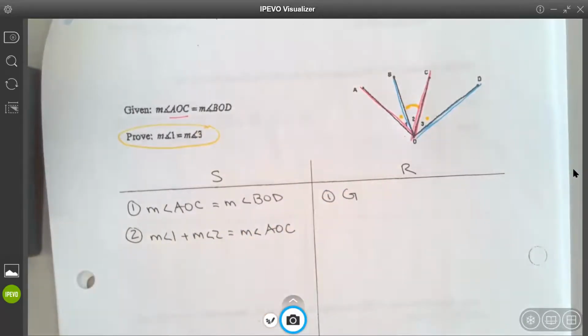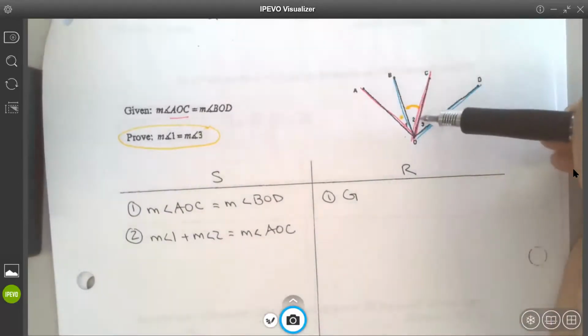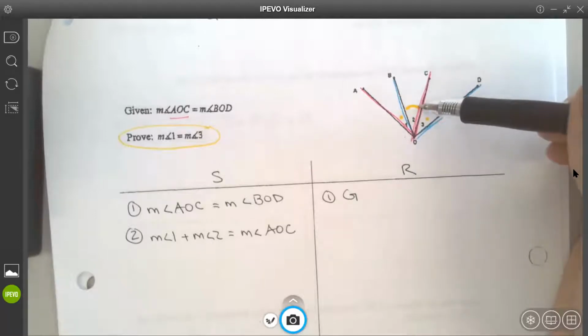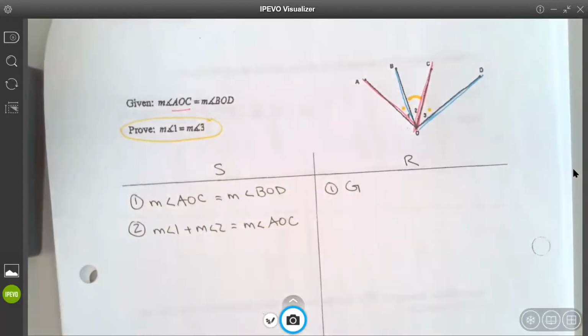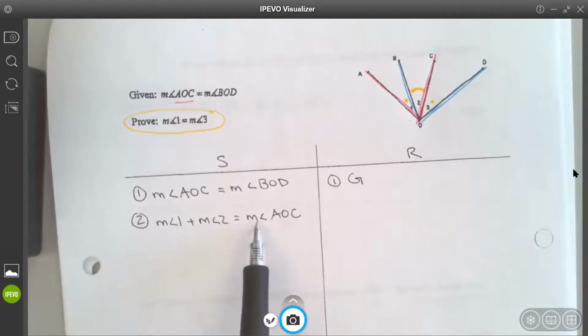You okay with that? AOC is 1 plus 2. Wait, what? I don't understand what you said. This angle is angle 1 and angle 2 together. Okay, so you wrote the measure of angle 1 plus the measure of angle 2 equals the measure of angle AOC.